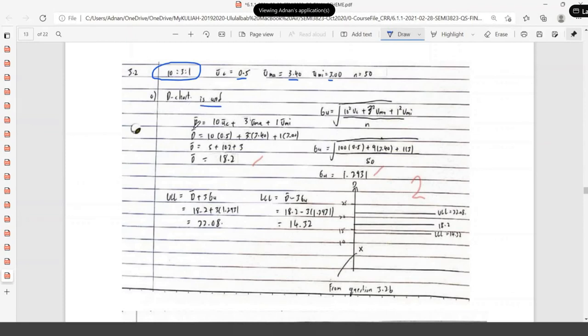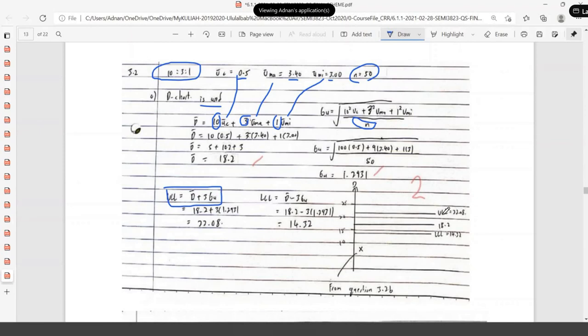Okay, so you have to get the D, which is the weightage lah. Weightage, and this one is given. Okay, this is given. This is given. And 50 ni guna kat sini lah. And to get the control limit, this is the formula: D bar plus 3 sigma u lah.